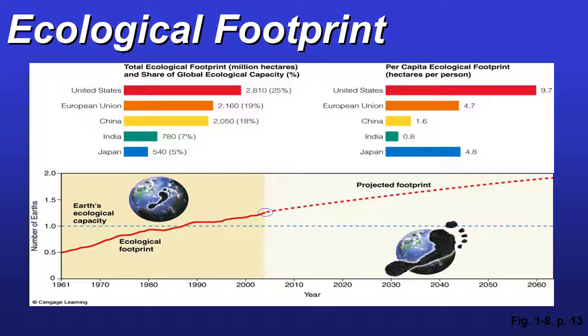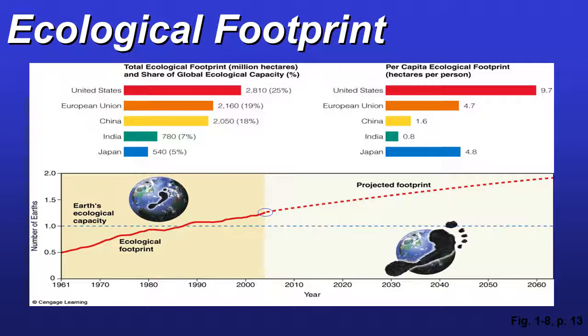In fact, India's total ecological footprint is not even a third of what the United States is. When we look at it on a per person basis, it appears that China would need 1.6 hectares per person to supply the demands on resources that their population is exhibiting, and India only needs 0.8 hectares per person.